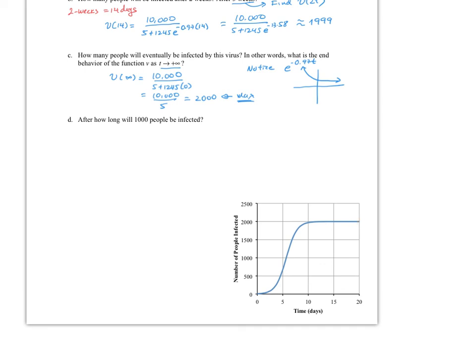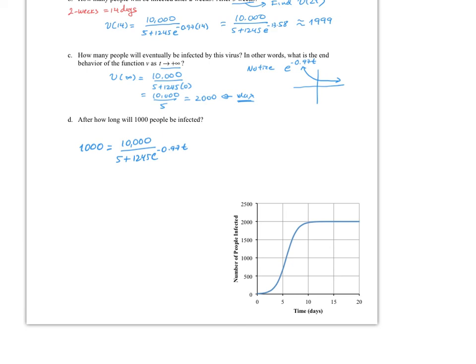Now the last question is, how long is it going to take for 1,000 people to be infected? So 1,000 is going to be equal to 10,000 divided by 5 plus 1245 e to the minus 0.97t. Now to solve this problem, it requires logarithms, which we haven't done, but we will do that in next week's lecture notes. So for now, you can look at the graph and approximate it.